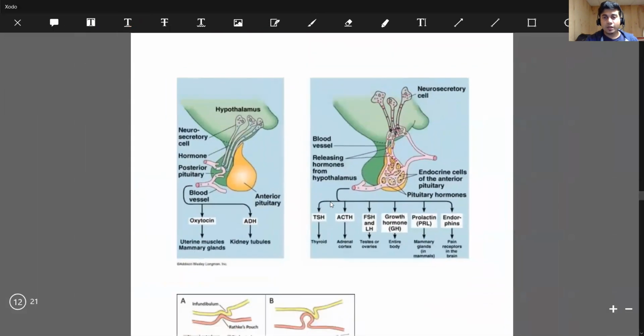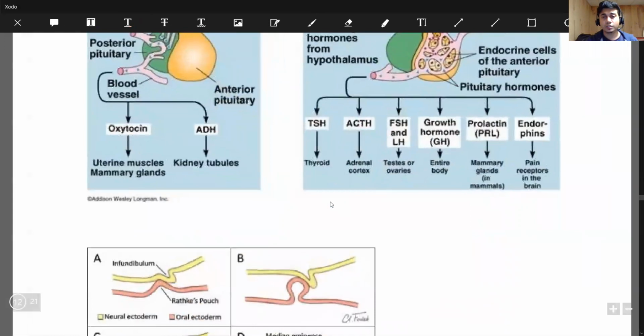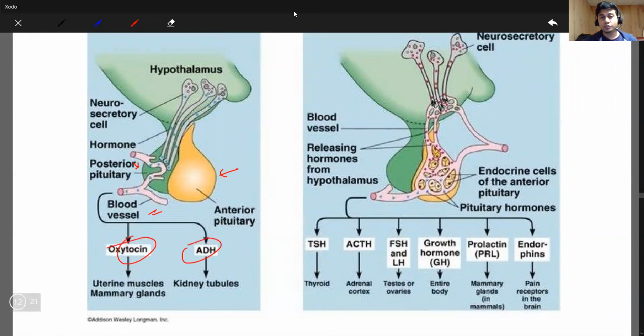Now, here's the regulation of the pituitary and the pituitary hormones. As you can see in this picture, this is the anterior pituitary, this is the posterior pituitary. The first picture shows the hormones that we get from the posterior pituitary, oxytocin and ADH. Oxytocin causes the contraction of the uterus.